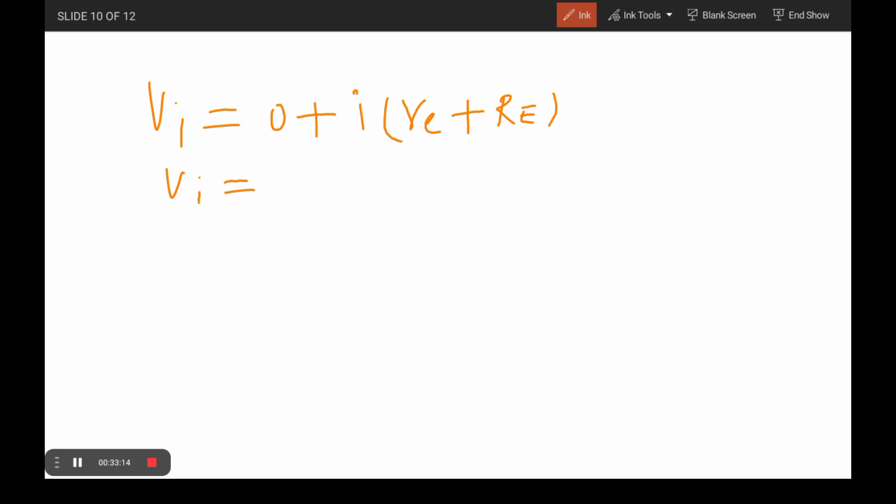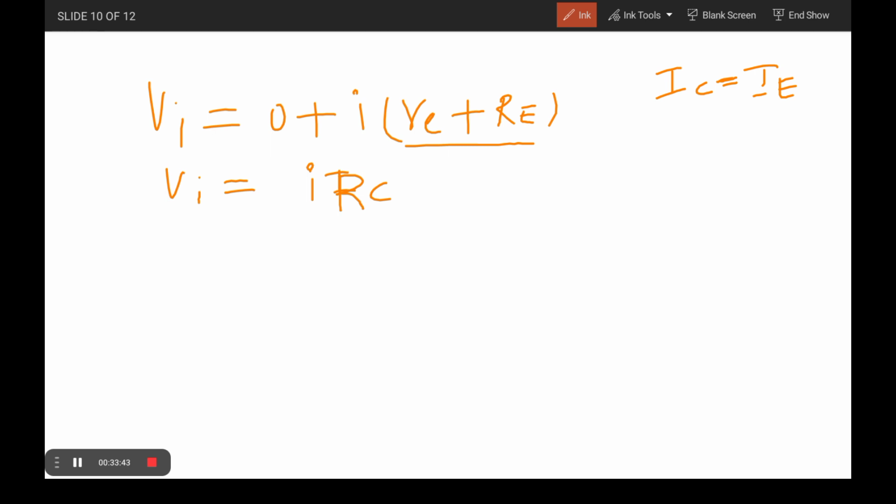We also know that generally the collector current is approximately equal to the emitter current. Therefore, I have to replace this current in terms of IC, so it is equal to I into IC, and at the same time it is equal to RC.